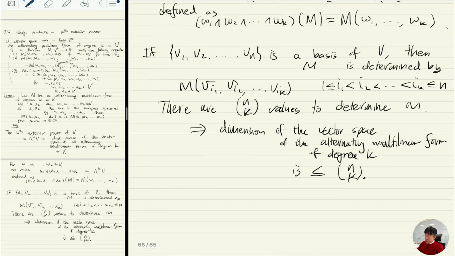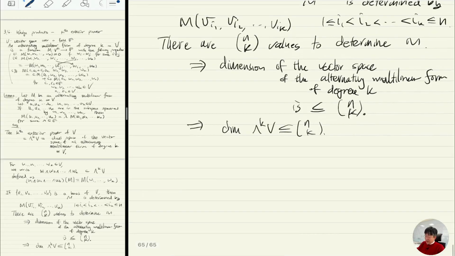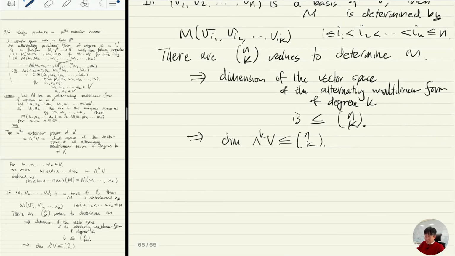Let me show you why it's n choose k. But first of all, this implies the dimension of this k6 to the power is n choose k. Now it's enough to find the basis, right?